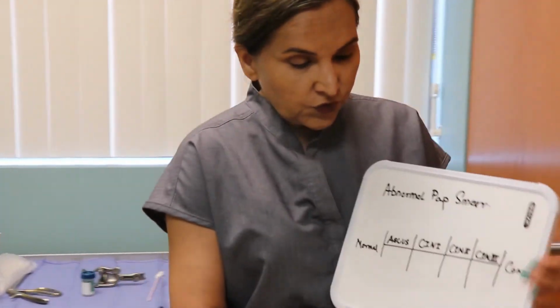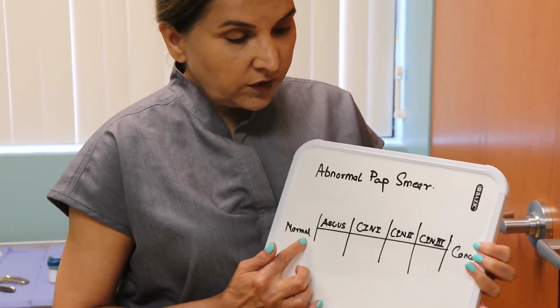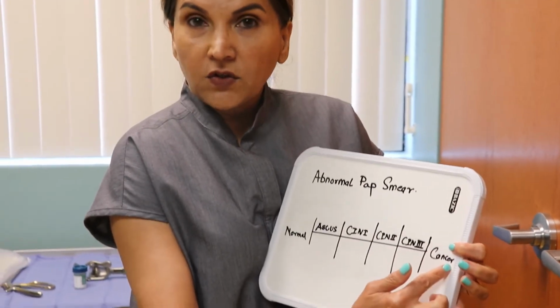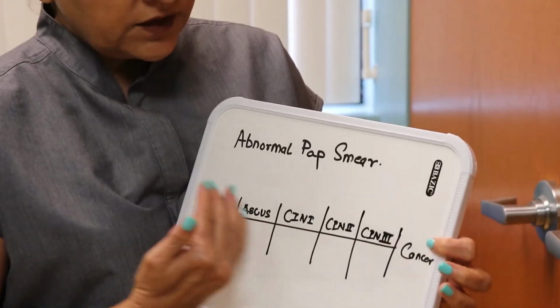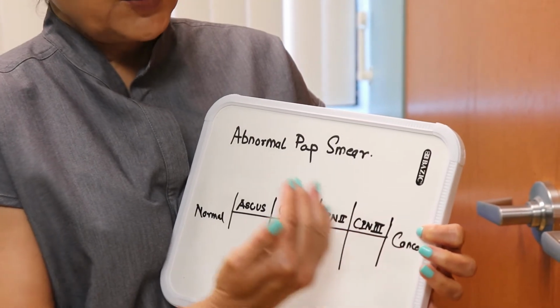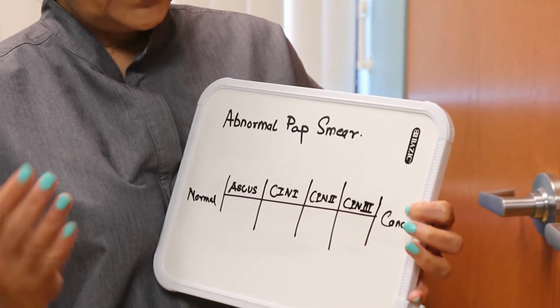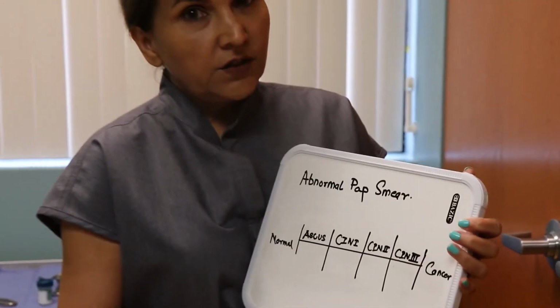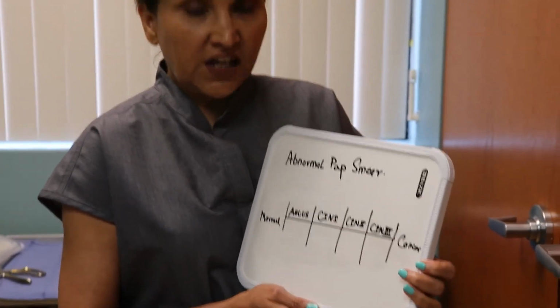So let me show you something. This is just a little picture I drew. So remember, if the normal is on this side and cancer is on the other side, these are the precancer cells. Now I told you about high grade, low grade, mid grade. But there's another term people use, it's called CIN.